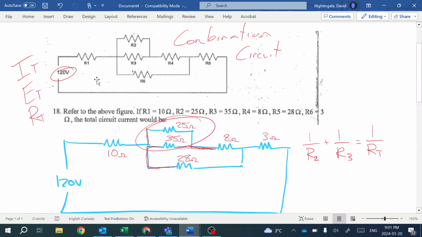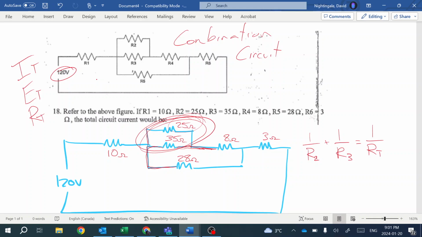Now, an easier way that I like to do that to solve the equivalent resistance of two resistors in parallel is, well, first of all, we want to remember that the total resistance is going to be less than the smaller of the two resistors. It's going to be less than 25 ohms because now we've created another path for the electrons to travel through. There's going to be less bumping into each other of those electrons. It's going to have an easier path to flow.